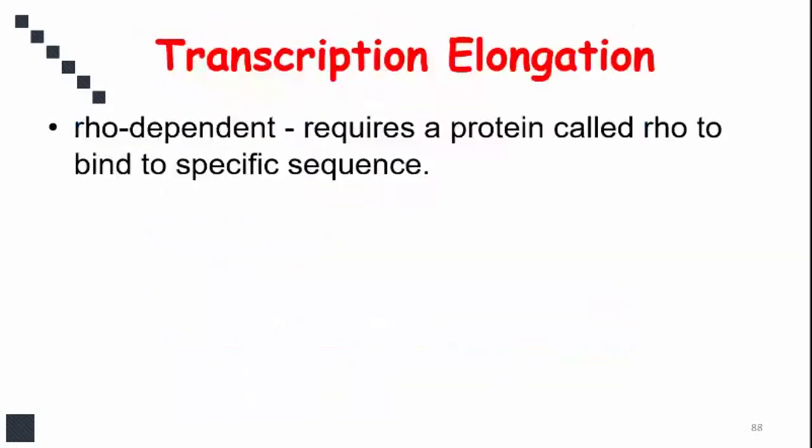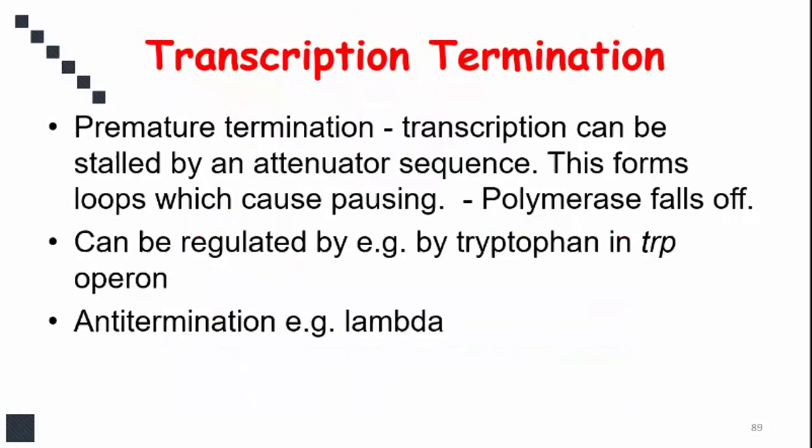Rho-dependent termination requires a protein called Rho to bind to specific sequences. Now, one of the things you should appreciate is the fact that premature termination can arise, and translation can be stalled by attenuation sequences. This stem loop causes pausing, and then the polymerase falls off.